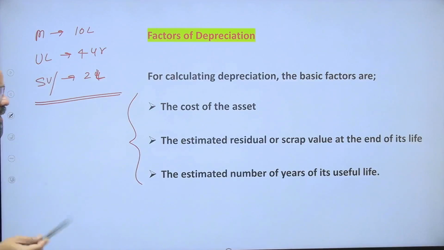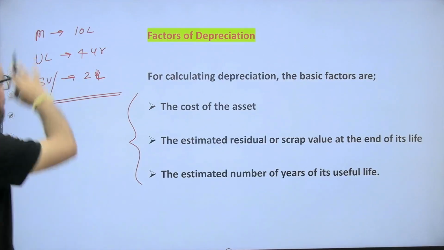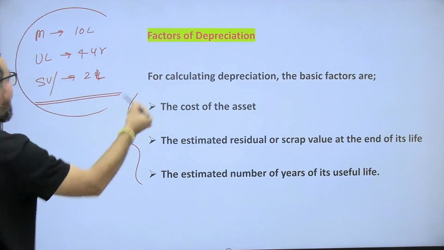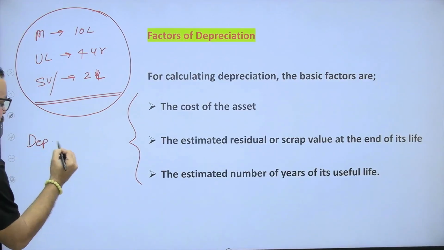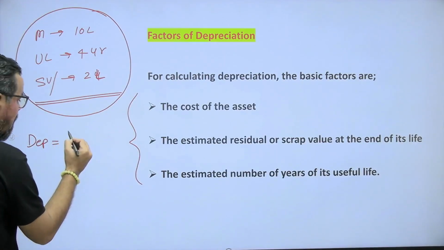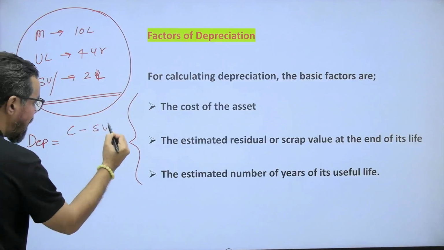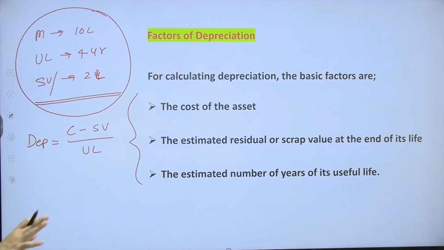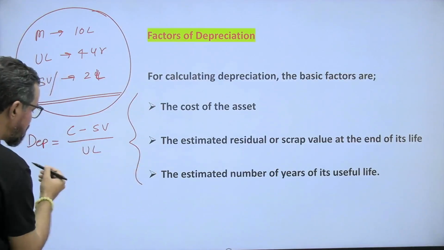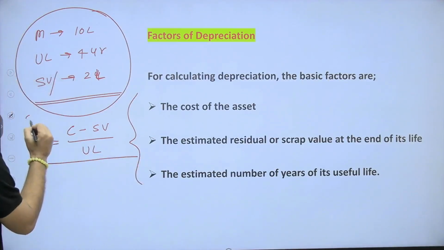So let's say you account depreciation by using the straight line method, one of the simplest methods. How do we calculate depreciation? Depreciation is equal to cost minus salvage value divided by useful life. So this is the formula for the straight line method.